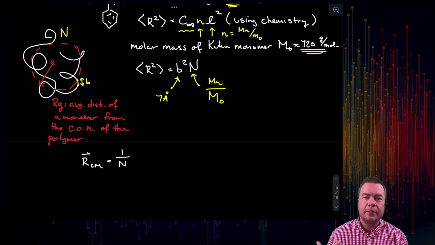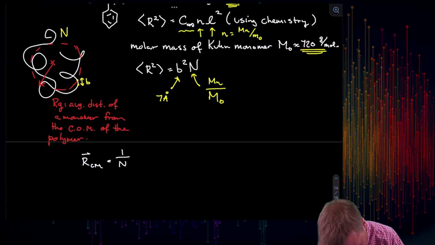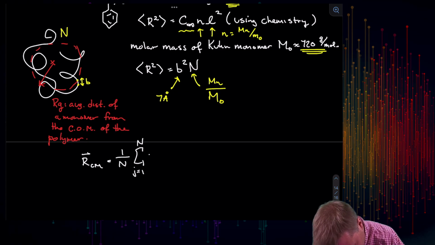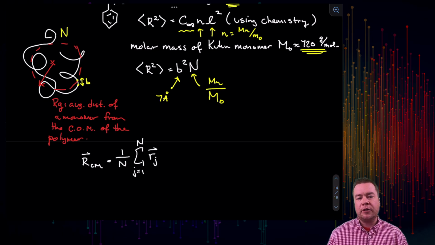And what I'm doing in writing this expression is I'm going to assume that all of the monomers have the same mass. And so if I did this, I would be summing up from J equals 1 to capital N. And I'm going to use the equivalent freely jointed chain in this case. And I would sum up the position of each of those monomers, so R sub J. Okay, and that would give me a vector that's telling me the position of the center of mass, like I've drawn up there.